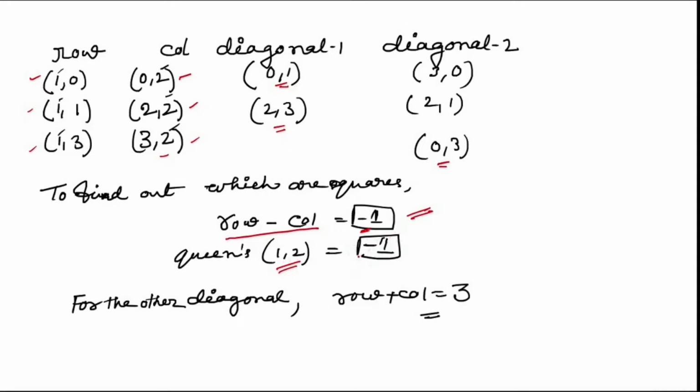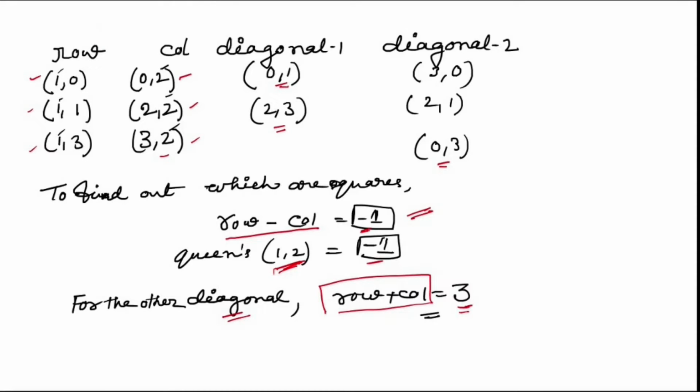By this process we will track those guys. And for the other diagonal we will add row plus column. If row plus column equals 3, then also it will be under threat. So in the case of the 4 queen problem, 1 2: if row minus column is -1 and row plus column is 3, those diagonals also will be under threat.